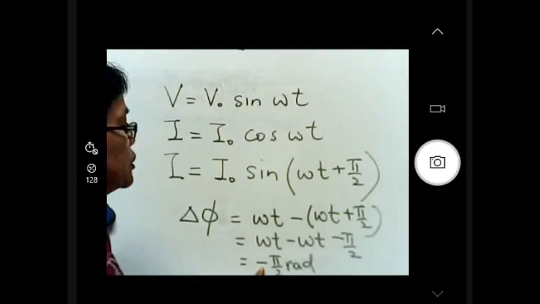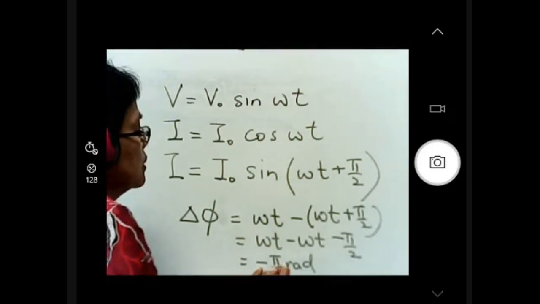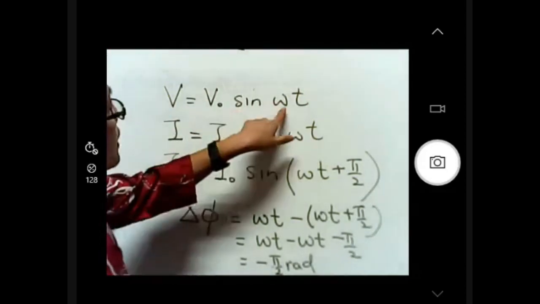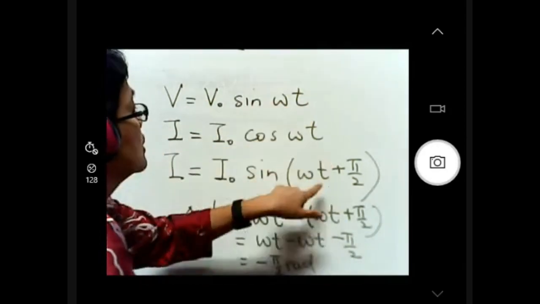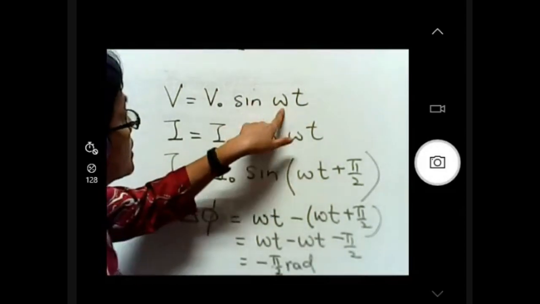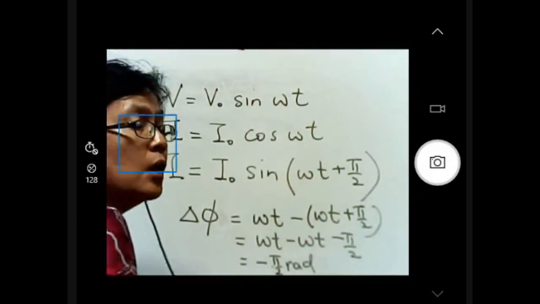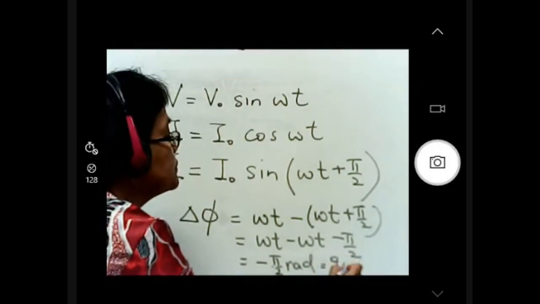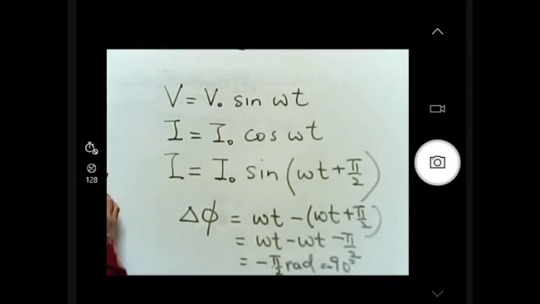Negative here tells us that voltage, because we take the phase of the voltage and minus with the phase of the current, lags current by pi per 2 radian or 90 degrees. Okay?